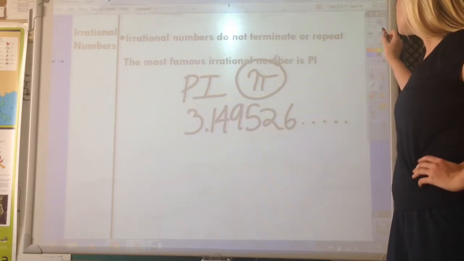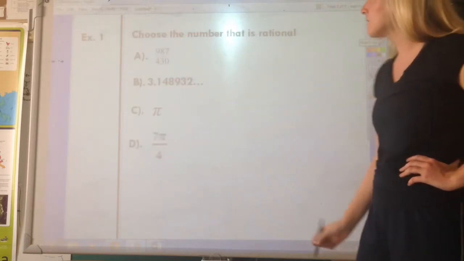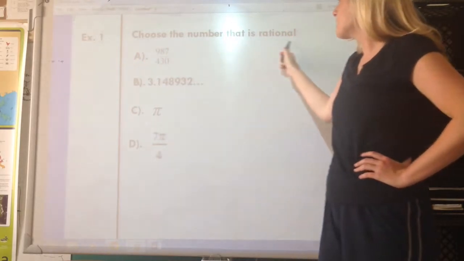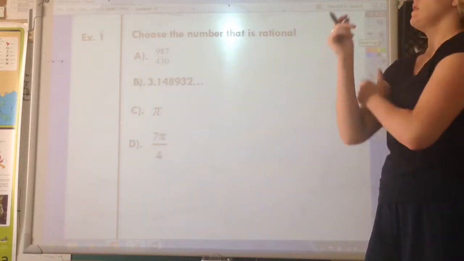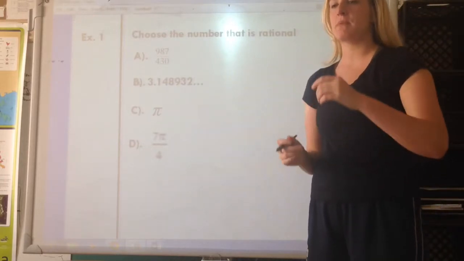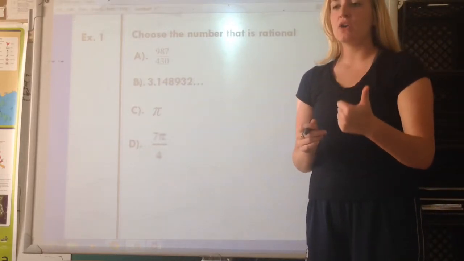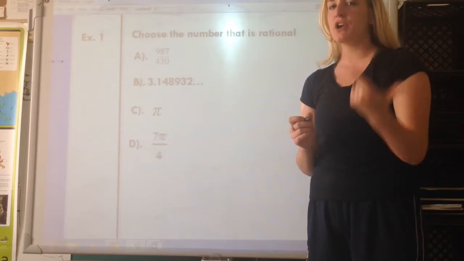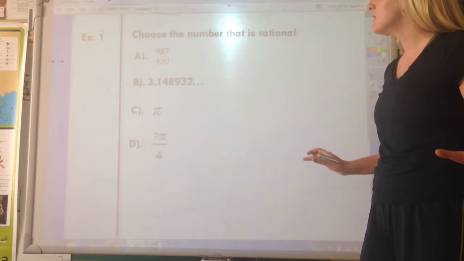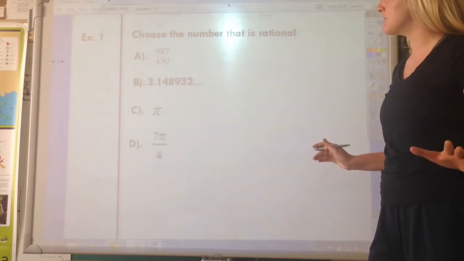All right, let's do an example. Go ahead and write on your page example 1. Choose the number that is rational. If I'm looking for a rational number, I know I'm looking for a number that can be represented as a fraction and also one that either terminates or repeats. So let's immediately eliminate some choices.